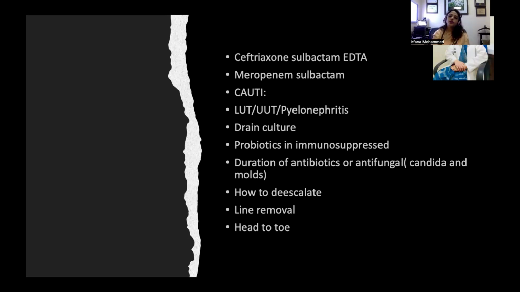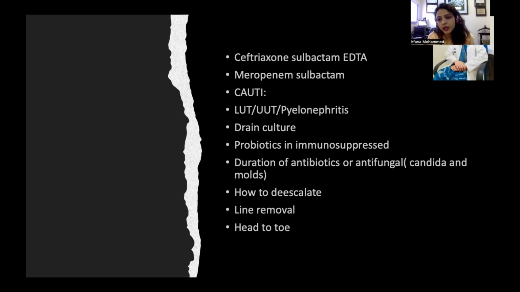The next point is probiotics in immunosuppressed patients. We are using probiotics, Visilac, Enterogemina, all these things day in and day out, predominantly in ICU patients. So before prescribing probiotics for any patient, make sure that they are not extremely immunosuppressed, extremely neutropenic.